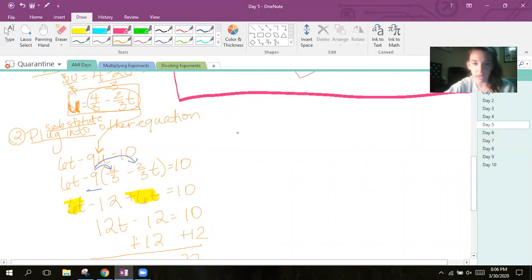So we know that u equals 4/3 minus 2/3 t. And if t equals 11/6, we can just take that and plug it in or substitute it. Okay, so I have u equals 4/3 minus 2/3 times 11/6.